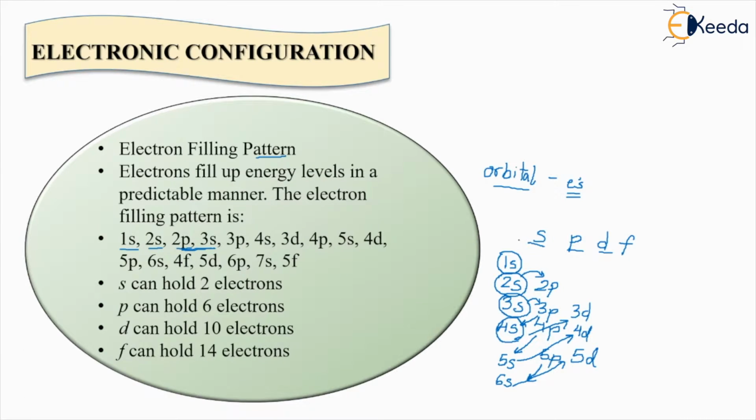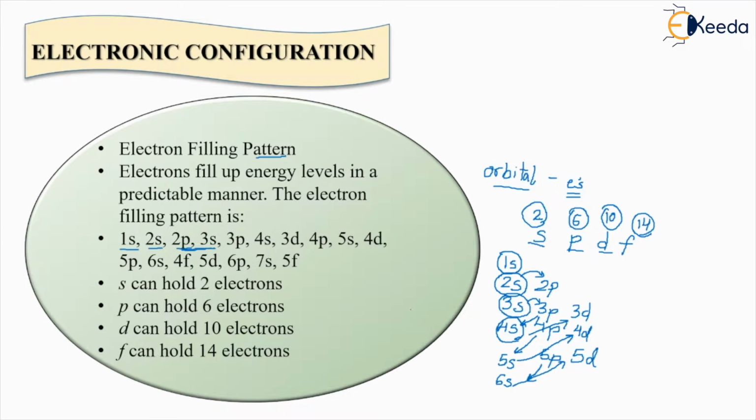Also remember, the s orbital can hold a maximum of 2 electrons. The p can hold a maximum of 6 electrons. D can hold a maximum of 10 electrons. And the f orbital can hold a maximum of 14 electrons. So if we start filling, let me just change the color and try filling in for you.